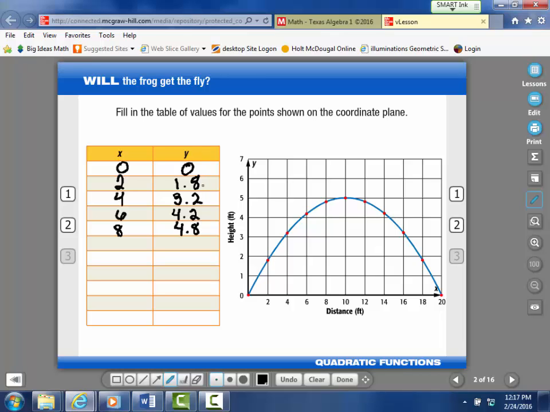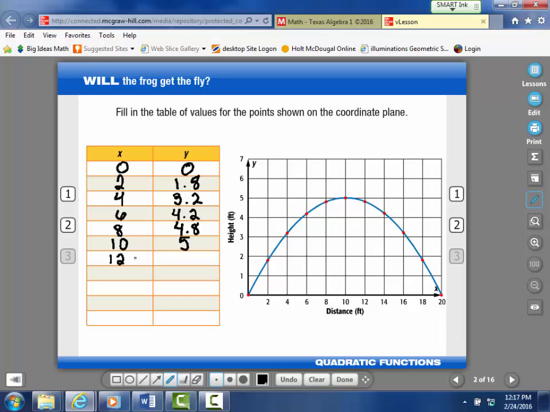Looks like we're slowing down a little bit here, right? Initially, he went a lot farther each foot. All right, and then at 10, we appear right dead even with 5. And that's the top of our arc there, our parabola. And then he starts coming back down.